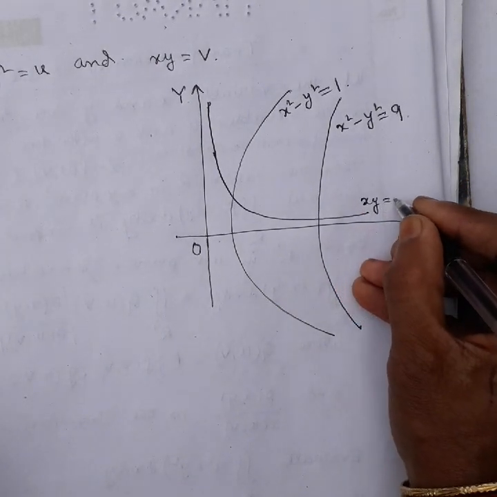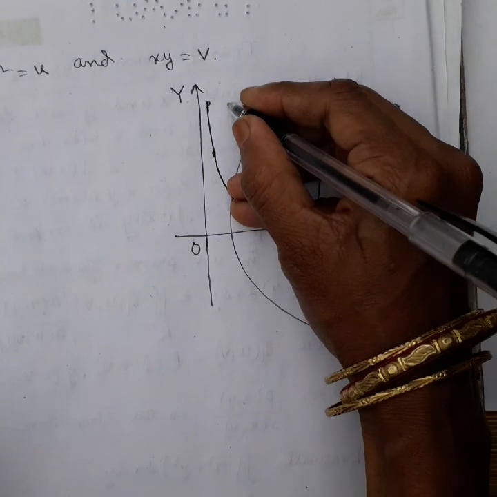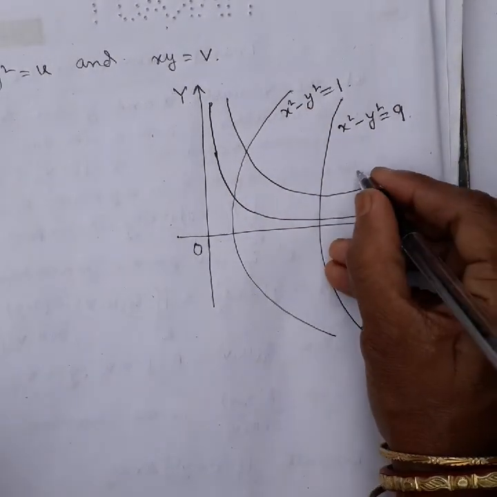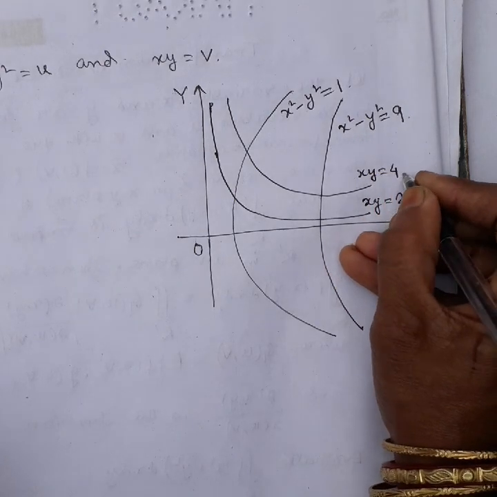This is xy equals 2, and this is xy equals 4.